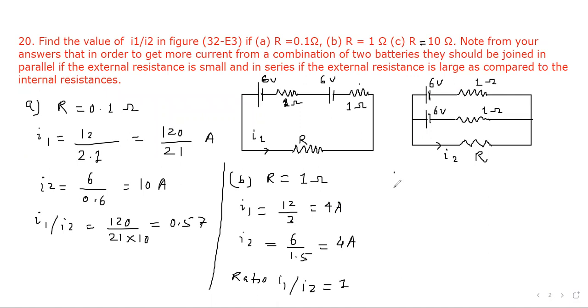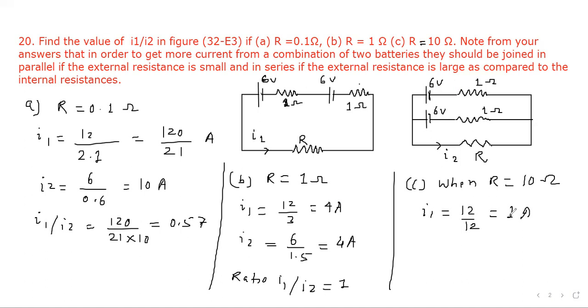Now, the third case, when R equal to 10 ohm. So total resistance in this case will become 12 ohm. So I1 will be equal to 12 divided by 12, which is 1 ampere. And in case of I2, this is 10 and this is 0.5, so 10.5, 6 divided by 10.5.